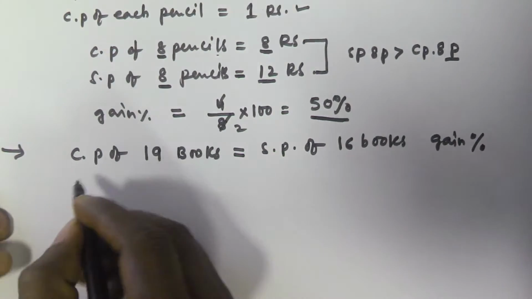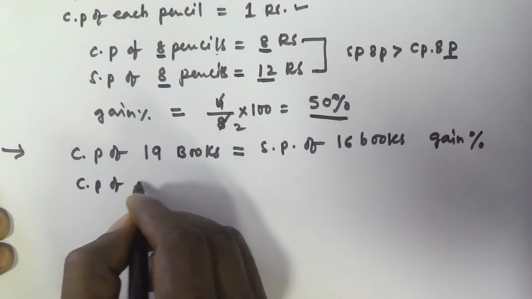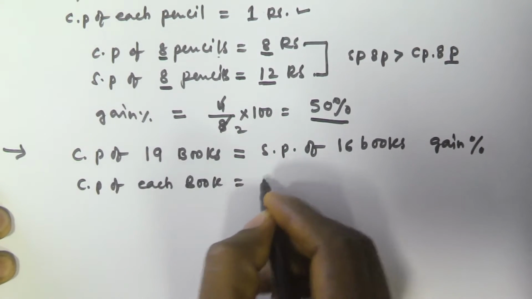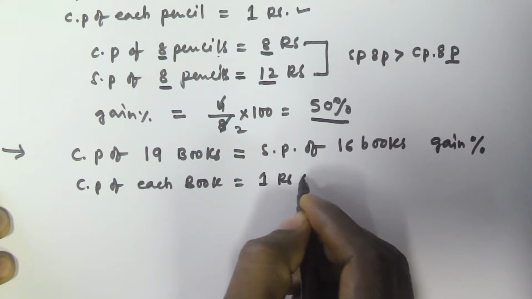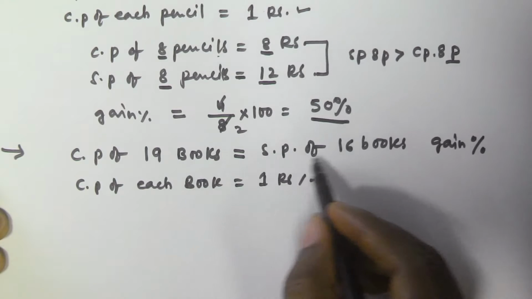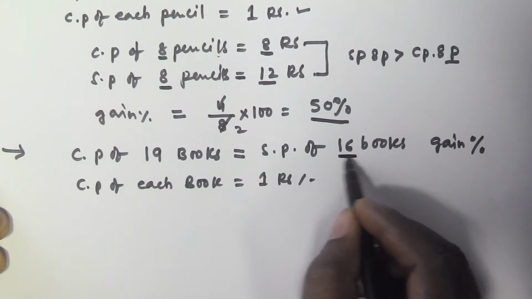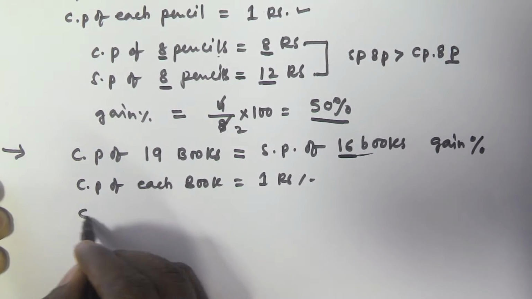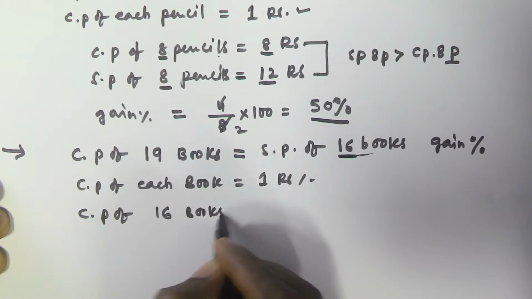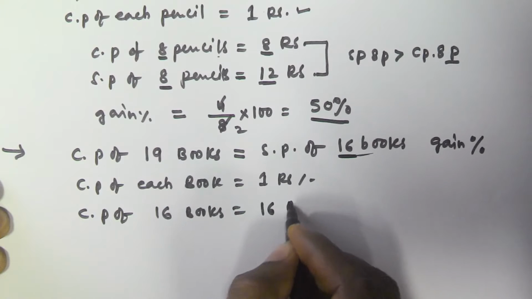So let us assume the cost price of each book is 1 rupee. In this case, the cost price of 16 books is 16 rupees.